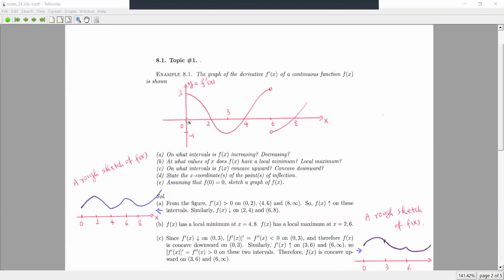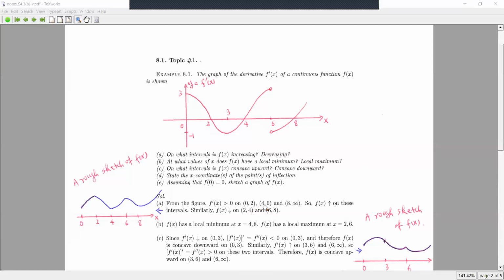From this diagram, we can see that between 0 and 2, the graph lies above the x-axis. So between 0 and 2, the derivative is positive.